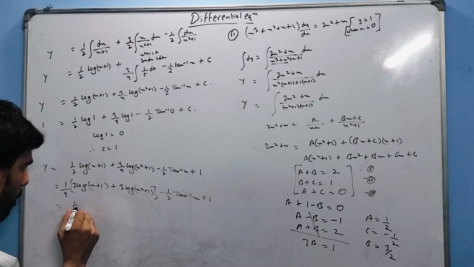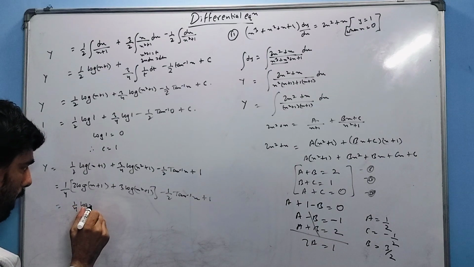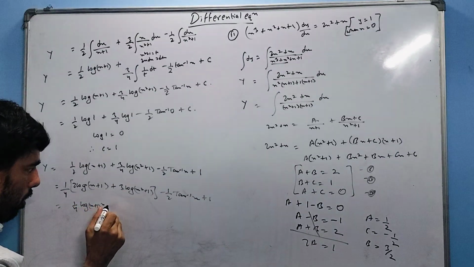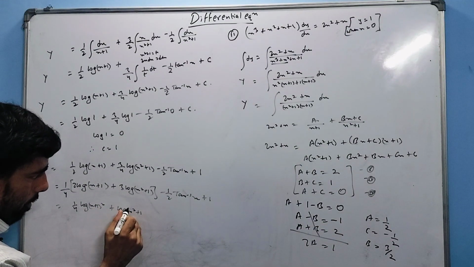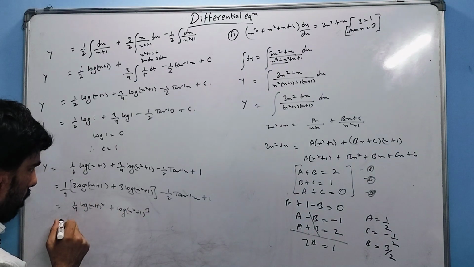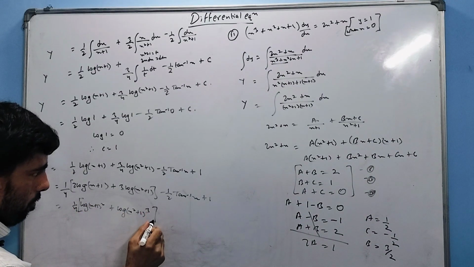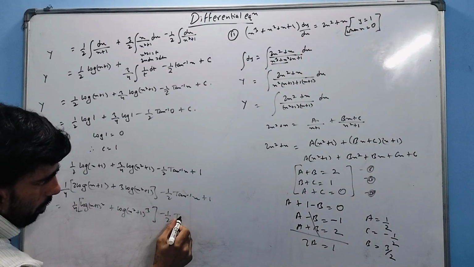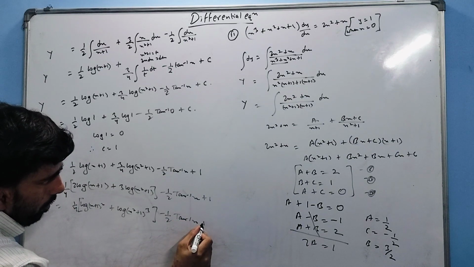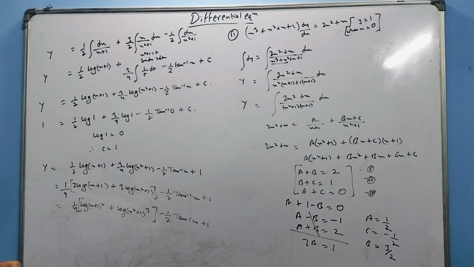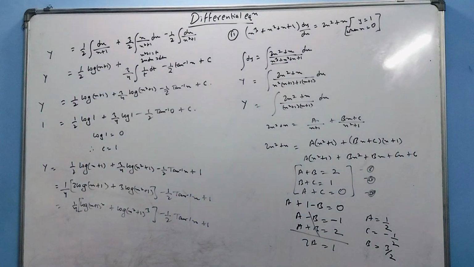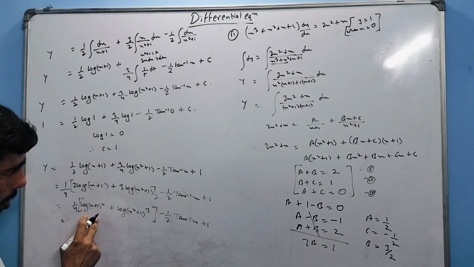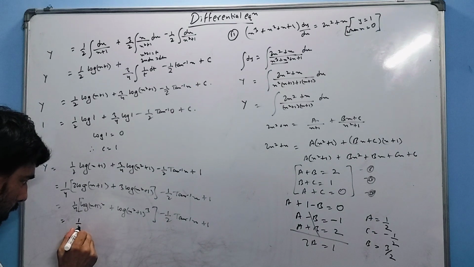It is 1 by 4 of log (x plus 1) whole square plus log (x square plus 1) whole cube, minus half of tan inverse x plus 1. So what I got here is this. So now log a plus log b will be log ab.